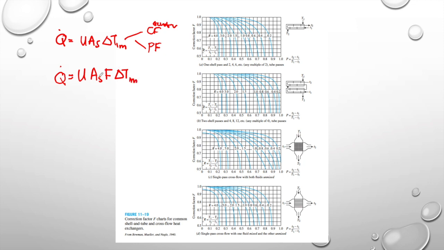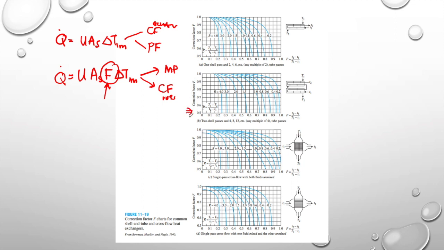This F represents the correction factor. This equation is for a multipass heat exchanger and a cross flow heat exchanger, where you have to include the correction factor. That's why you have to refer to this figure, to find what the correction factor F is.